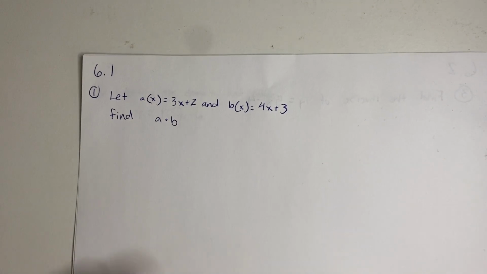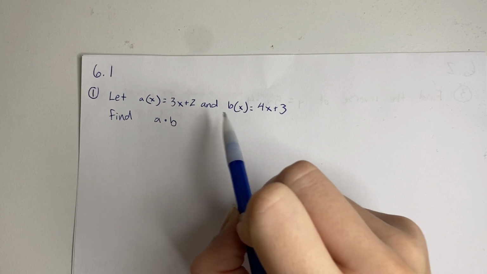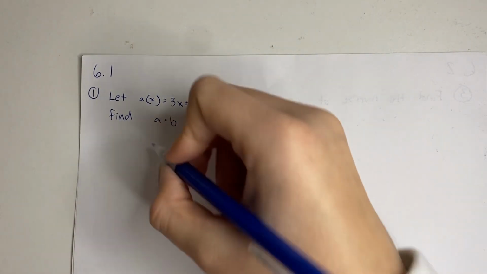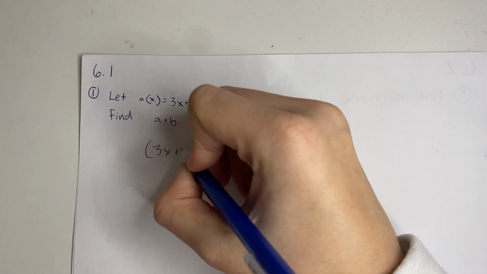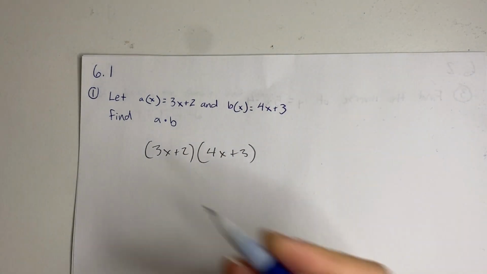Okay, so for our first problem, it says let a of x equal 3x plus 2 and b of x equal 4x plus 3. Find a times b. So you're going to write it like this, and then you have to FOIL it.